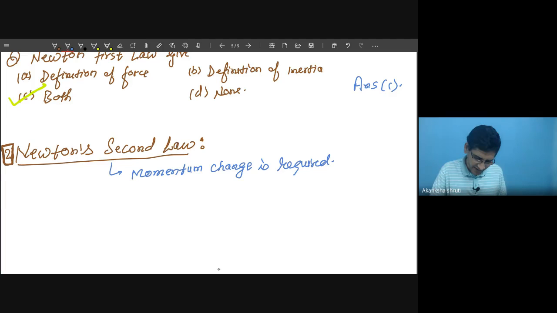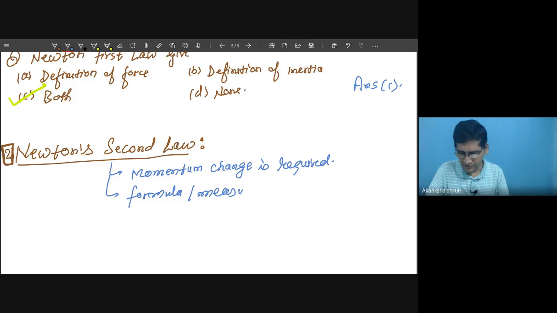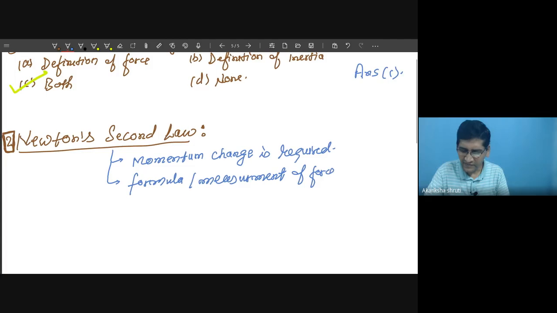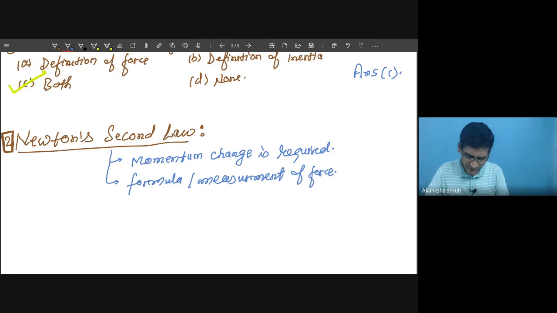The second law gives the measurement of force, or the formula for force. This force is given by mass into acceleration. This we have to prove. What is this momentum?